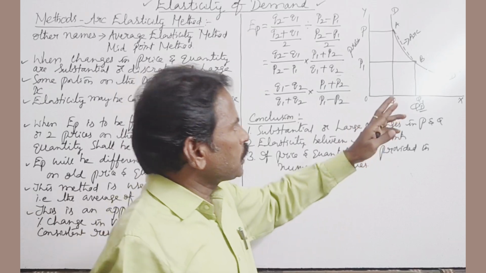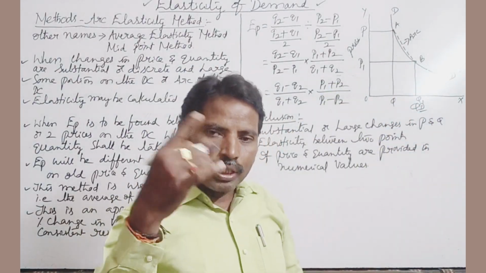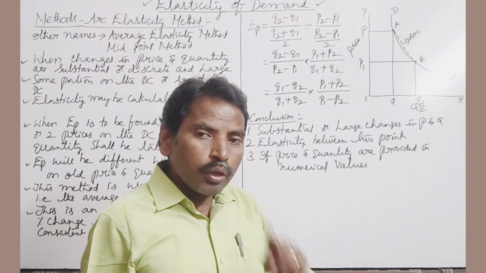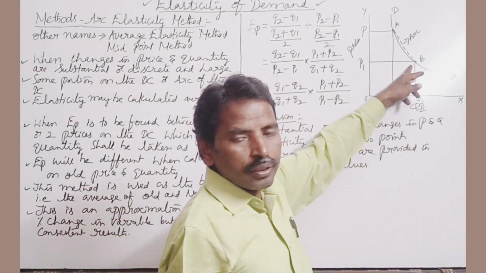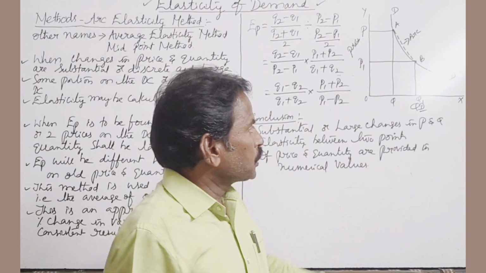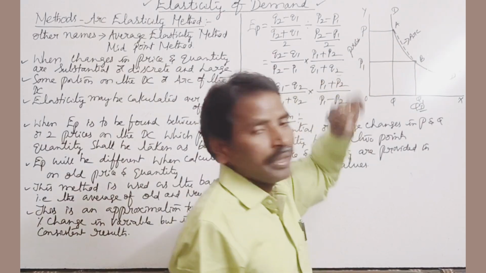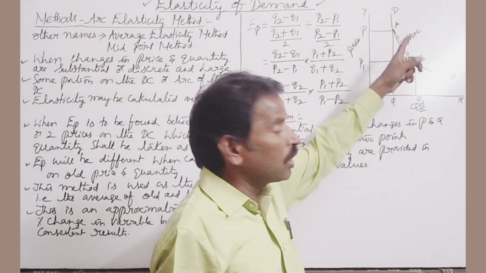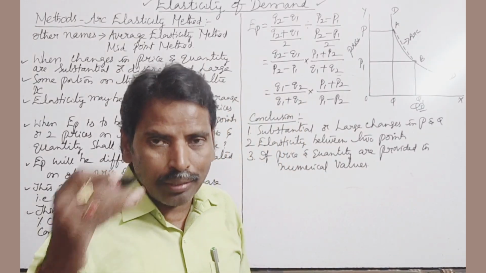If you want to measure price elasticity of demand at point A, the point method is enough. Likewise at point B, the point method is enough. But our question is to measure price elasticity of demand between A and B. This portion is called the arc, some portion on the demand curve.